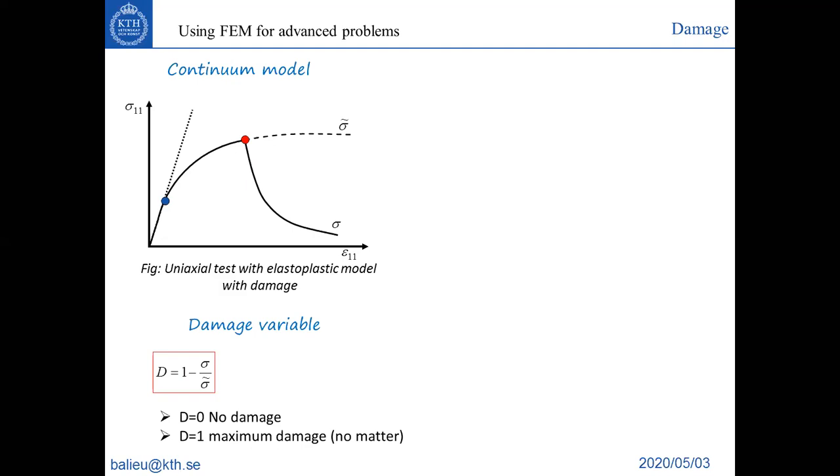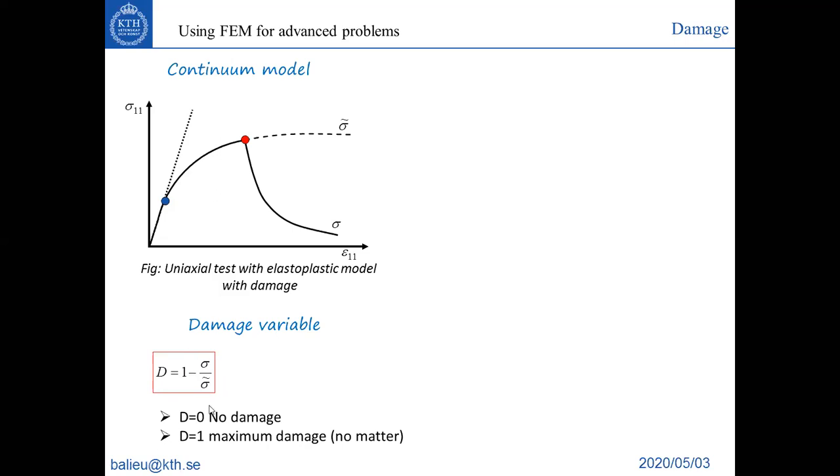Now I want to present a damage variable, which is defined by a ratio between the nominal stress and the effective stress. This is a very simple variable, but it can model the damage evolution. When D is equal to 0, you have no damage in the structure, so there is no difference between your nominal stress and effective stress.